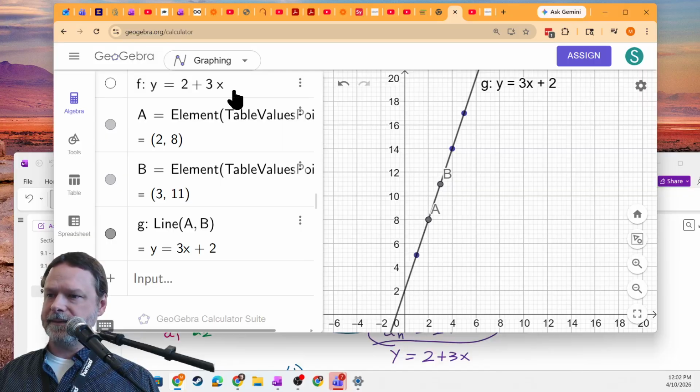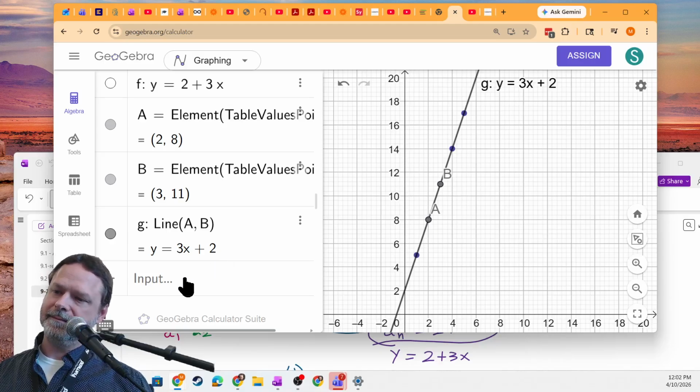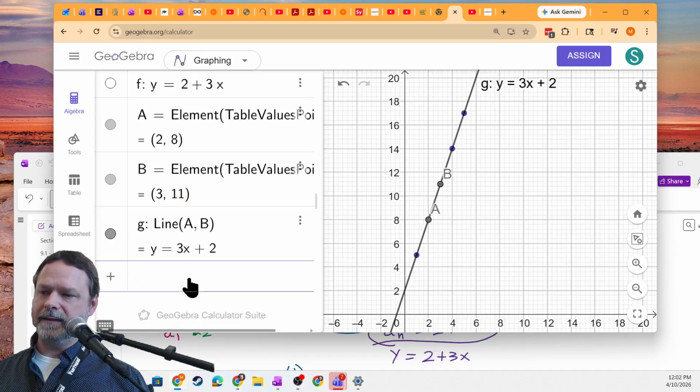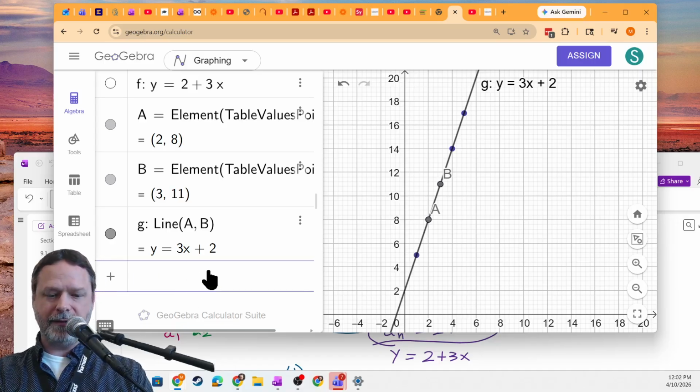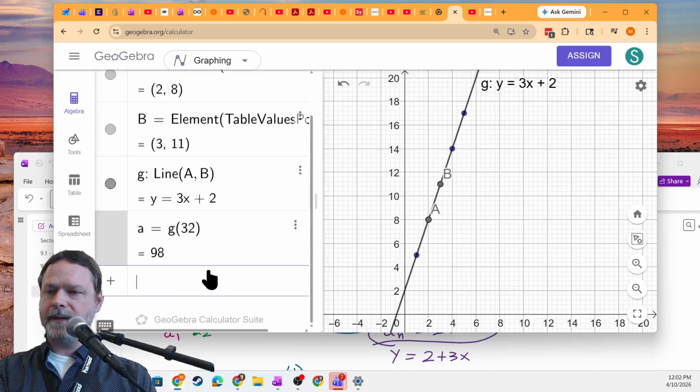It's G. So let's see if we can go G of 32. Yeah, and we can. So with technology there, that's all we can do.